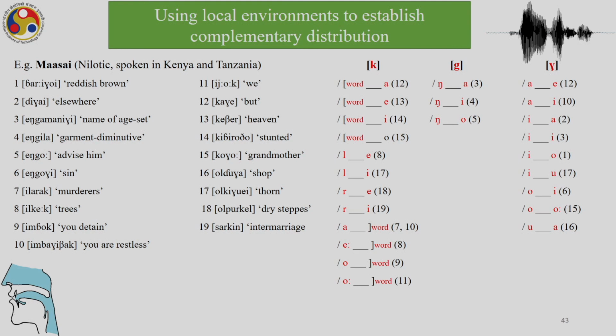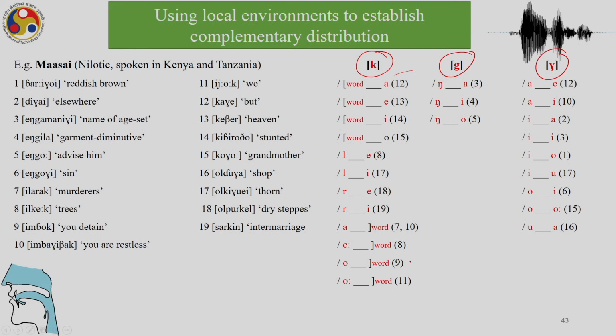So, we can look at this Masai data from Hayes 2009, Phonology Introduction, and we can look at these three consonants: k, g, and r. You notice that they are all back velar, and while these two are stops, this is a voiced fricative, and we compile their environments.